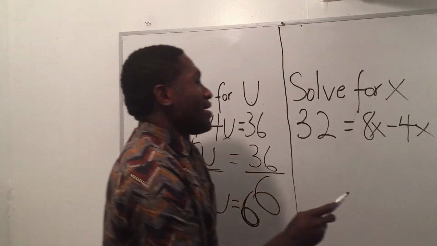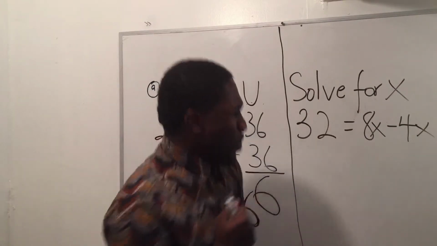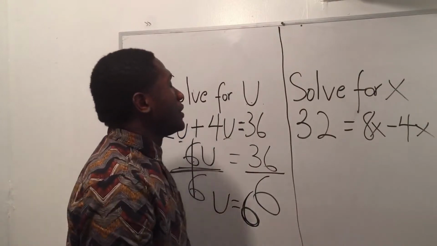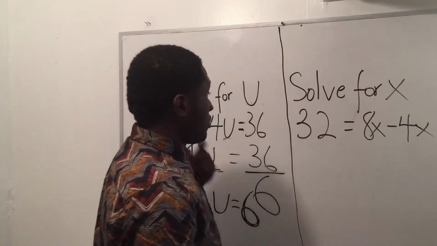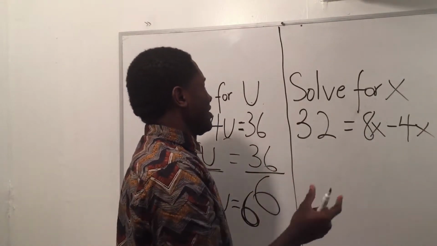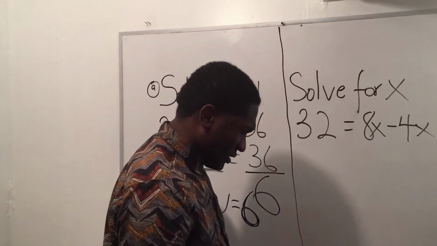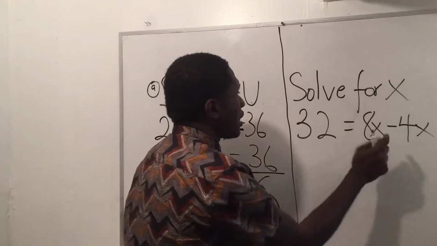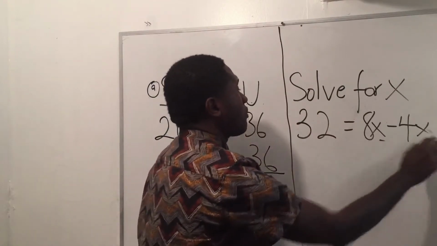Alright. Let me see if I really got this. So for this one also, I'm solving for x. So I asked myself, where is the x? Where is the x in this equation? I see x right here, and I see another one right there.